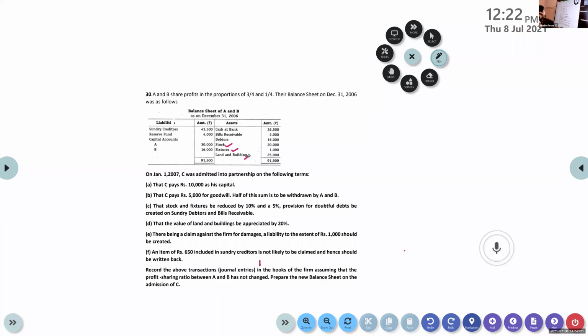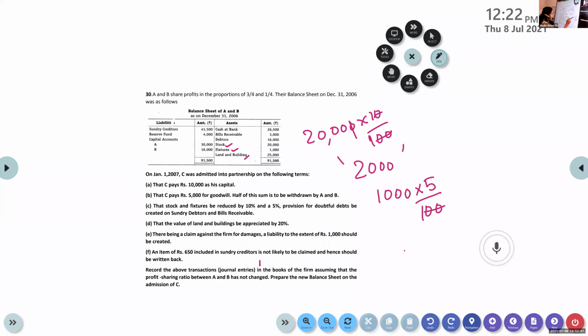So how will you find this? Stock 20,000 into 10 by 100. So for stock, 2,000 is going to get reduced. And regarding fixtures, 1,000 into 5 by 100. So 50 rupees get reduced for fixtures, 5% reduced.